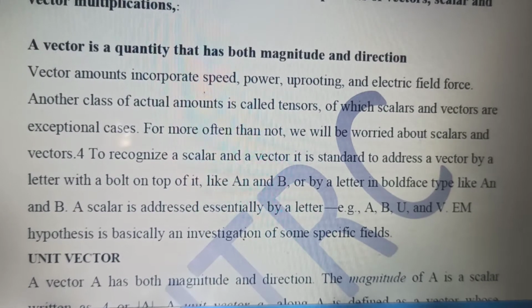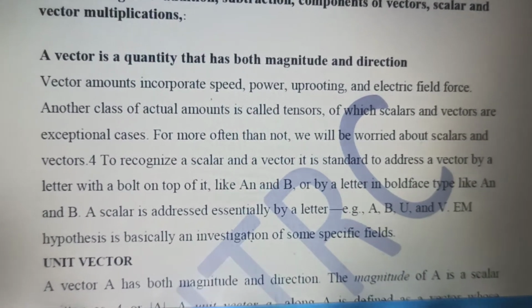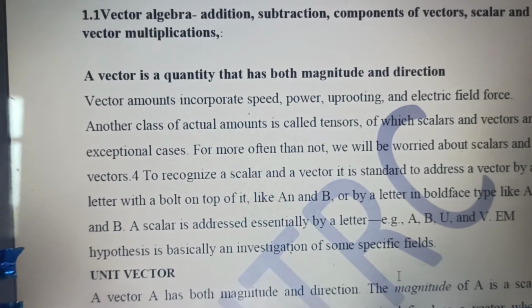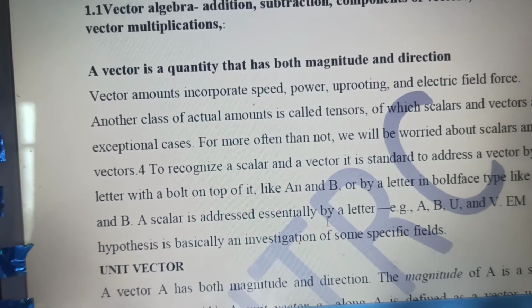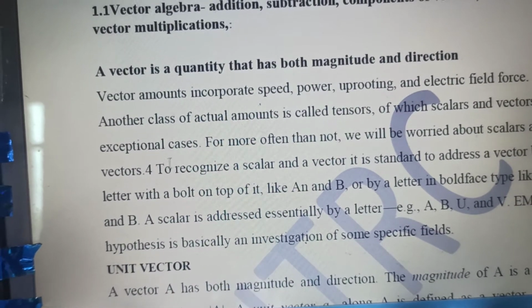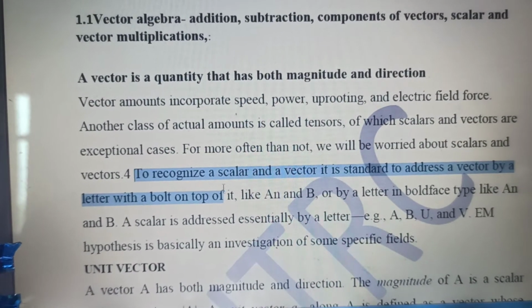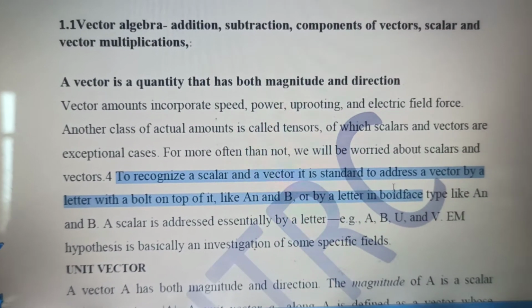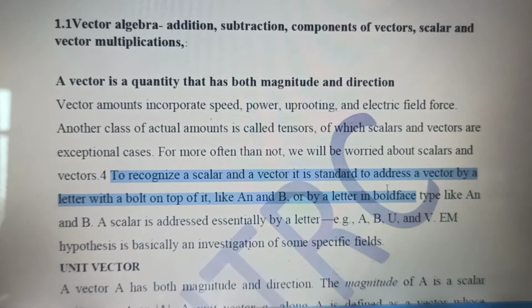Now have a look at this particular line. To recognize a scalar and a vector, it is standard to address a vector by a letter with a bar on top of it.